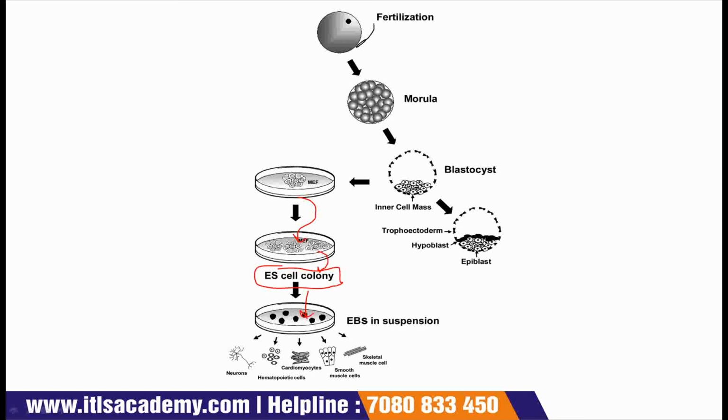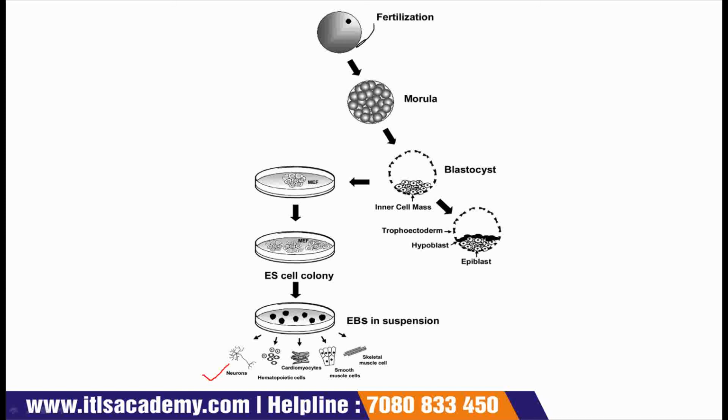This colony further differentiates in EBS suspension. This is a media in which embryonic stem cells can be cultured. So you can see here, after the differentiation, these cells develop into various kinds of cells.